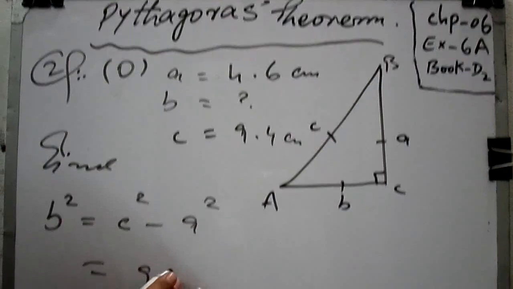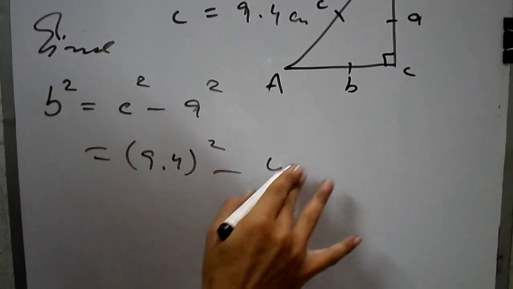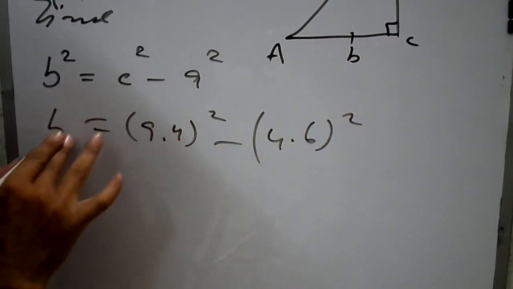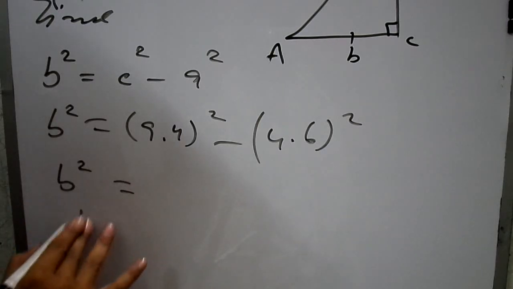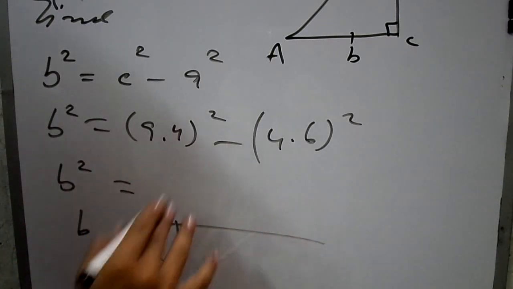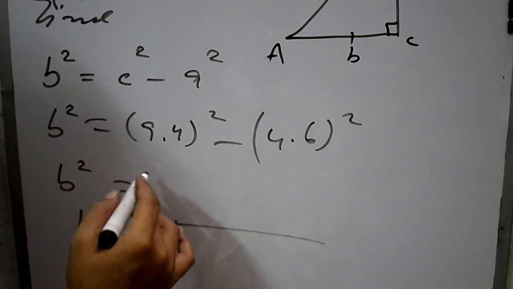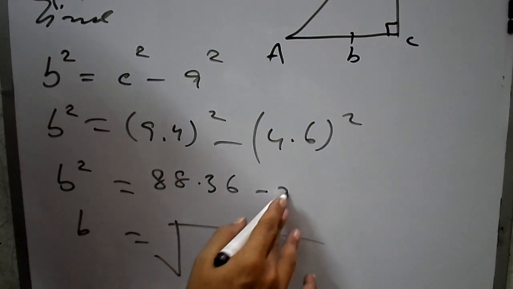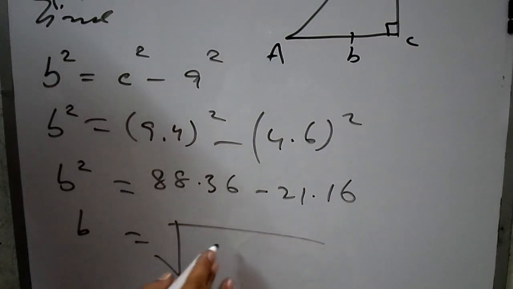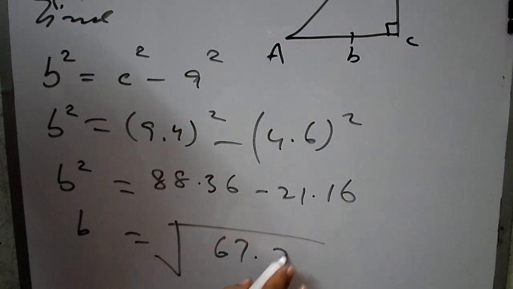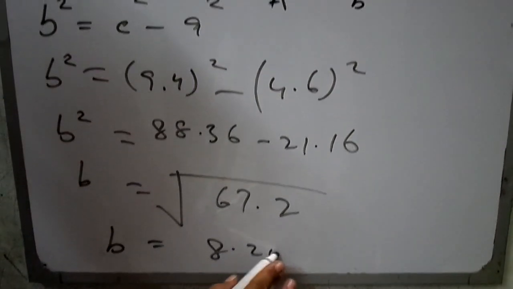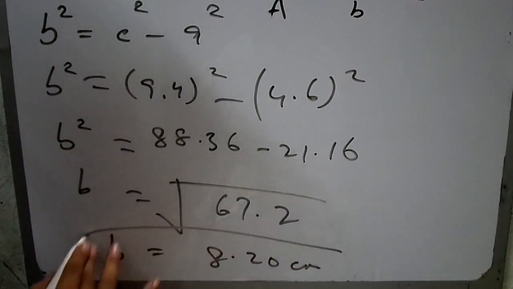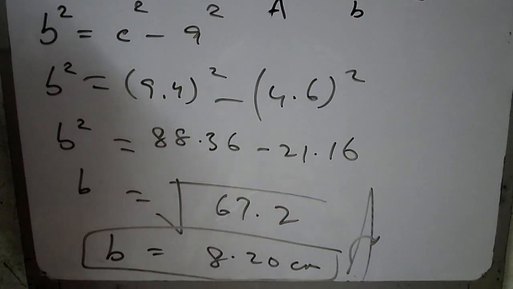Putting the values, 4.6 square, so that is your B square, so the value of B is under root 9.4 square minus 4.6 square. Use the calculator, you will get 88.36 minus 21.16, you will get 67.2, and the value of B is 8.20 centimeter. So that is your required result.